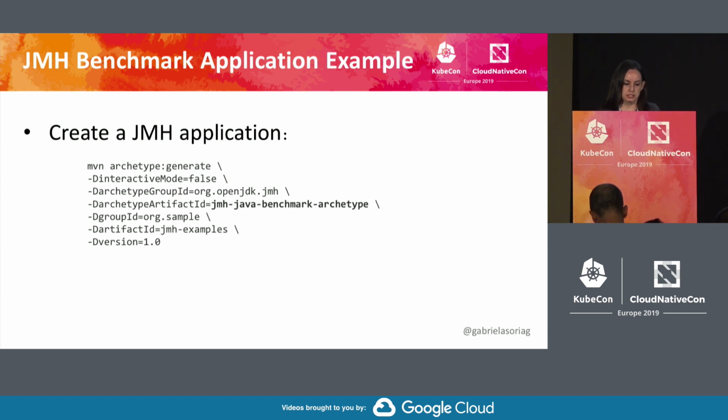This is a standard Maven command, and the important thing here is the archetype group ID, which is referenced to JMH. And with this command, we create a new project with the required libraries and with the required plugins for JMH.